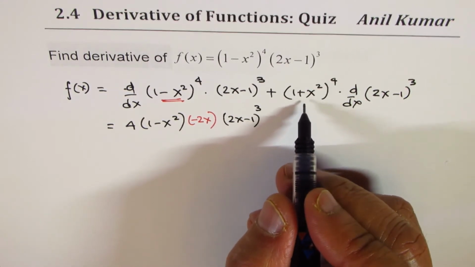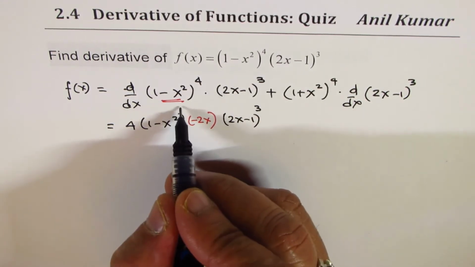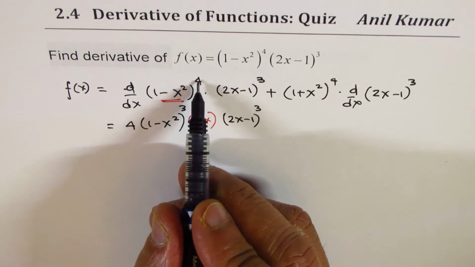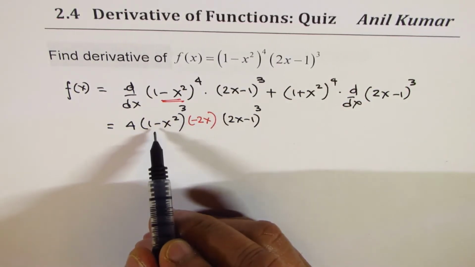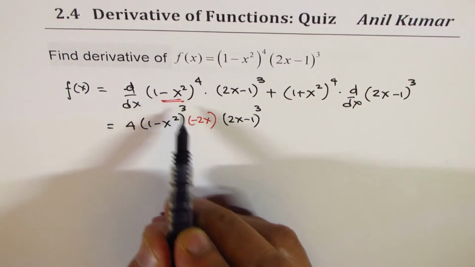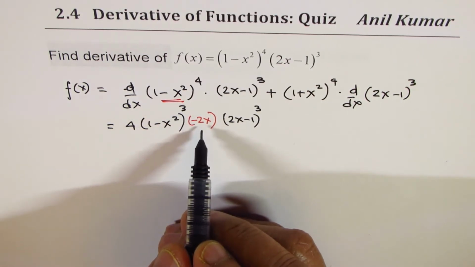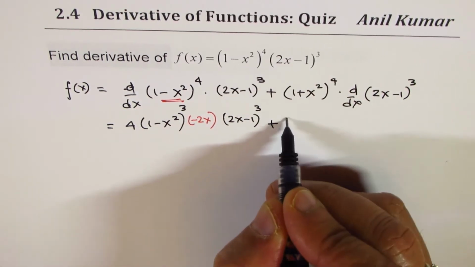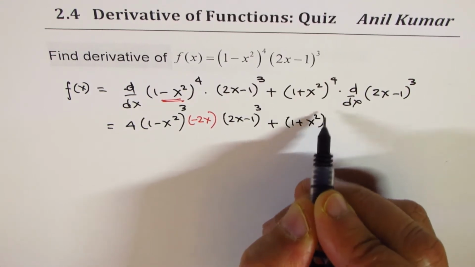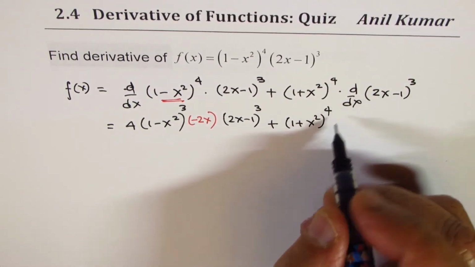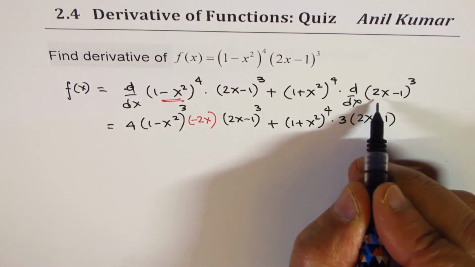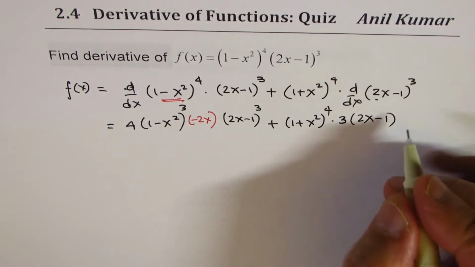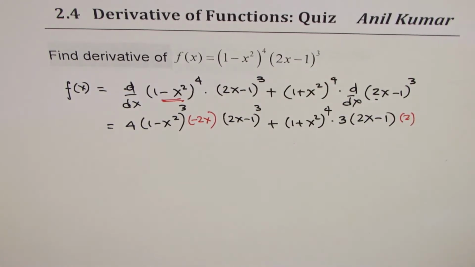Now let's get to the next function. Okay, this is cube, I missed it, sorry. So 4 times function to the power of 3, that becomes the power rule, and then the function's derivative should be multiplied with. Here we get 1 plus x squared to the power of 4, and this derivative will be 3 times 2x minus 1 times the derivative of the inside function, which is 2, right?